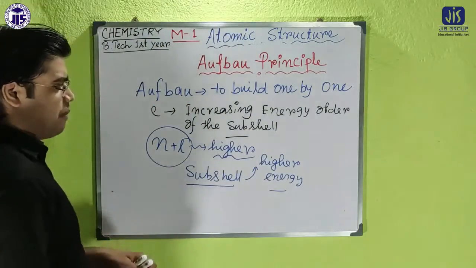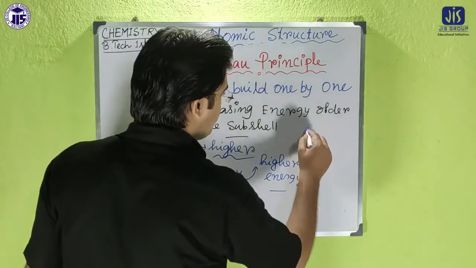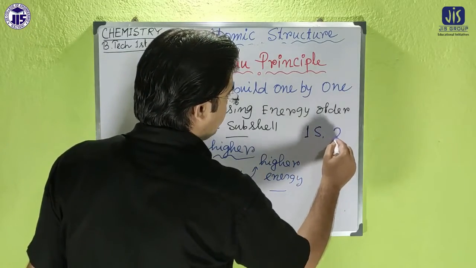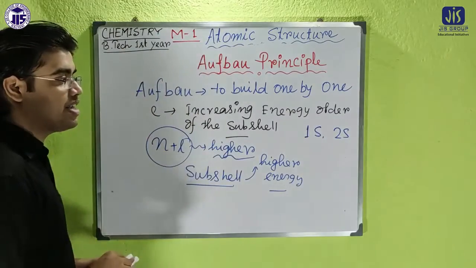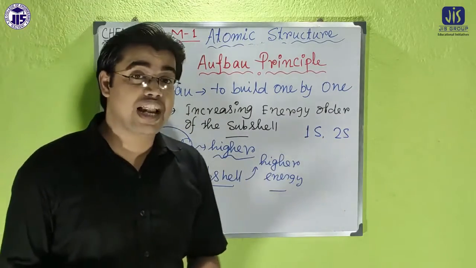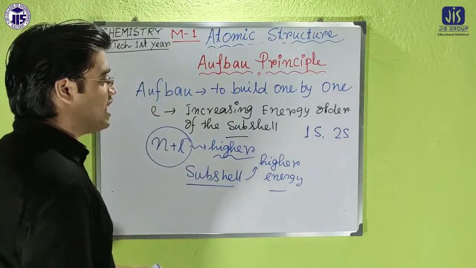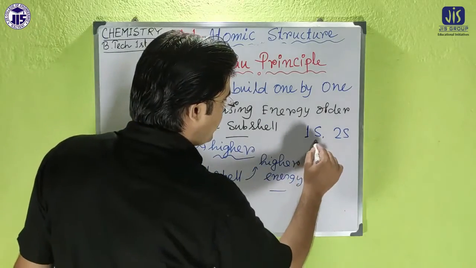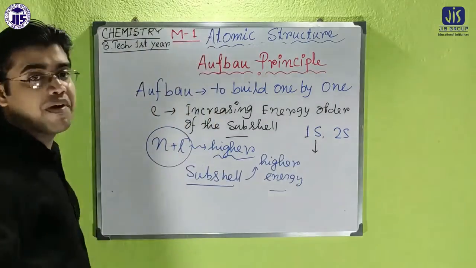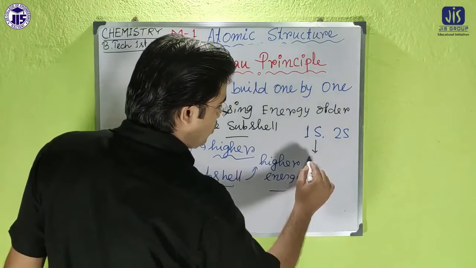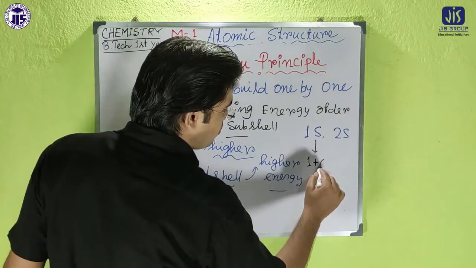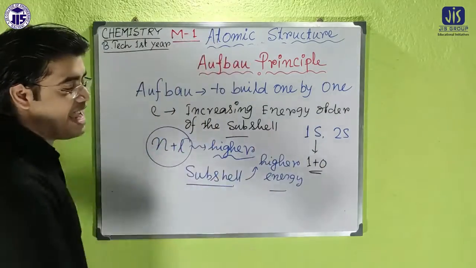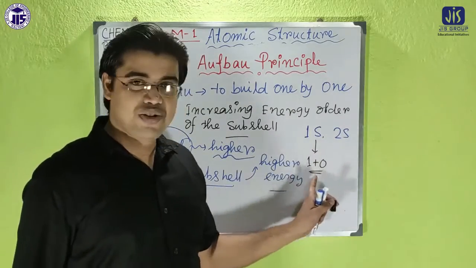The common example: between 1s and 2s, how can you understand which subshell has higher energy? For that you have to calculate the n plus L value. For 1s, n is 1 and L is 0. Already you know that for the s subshell the L value is 0.